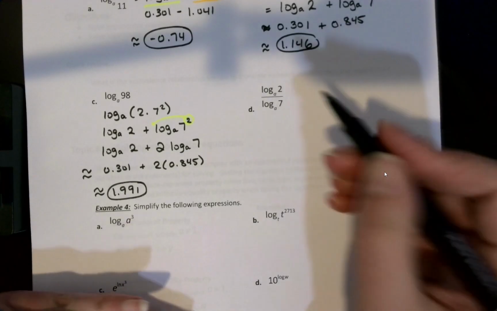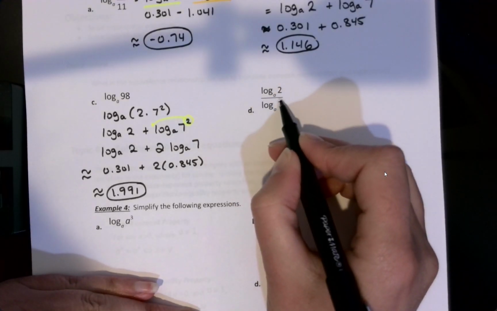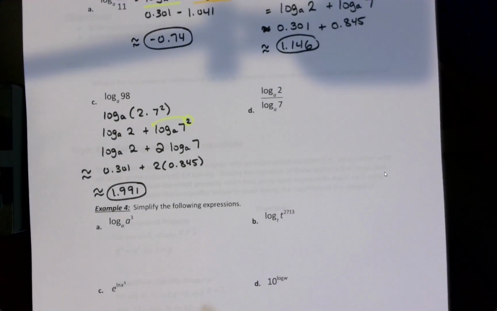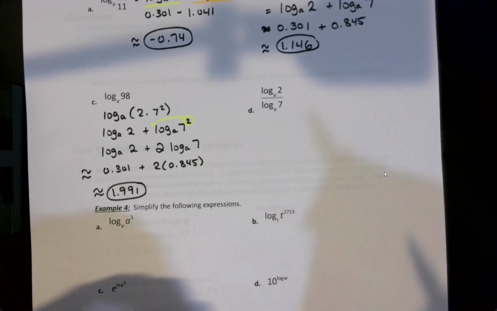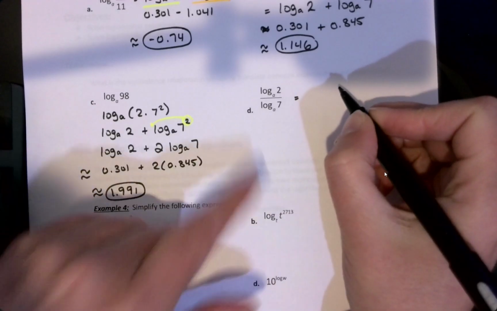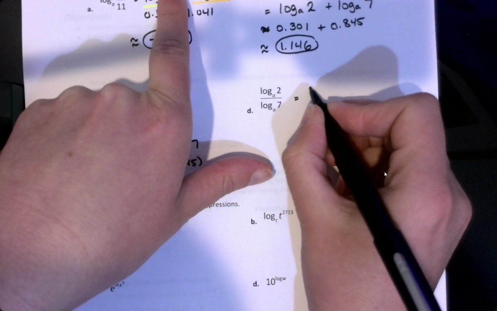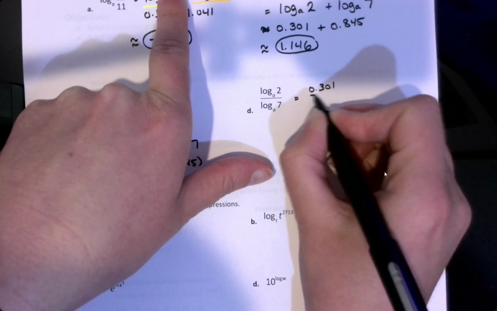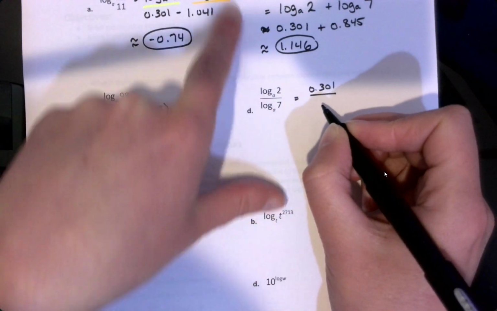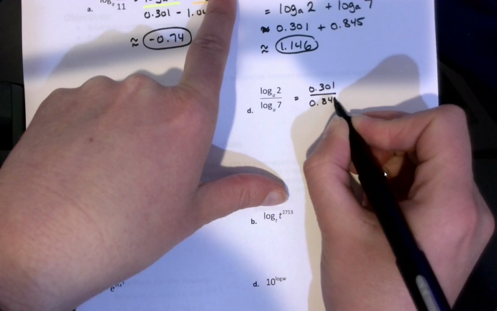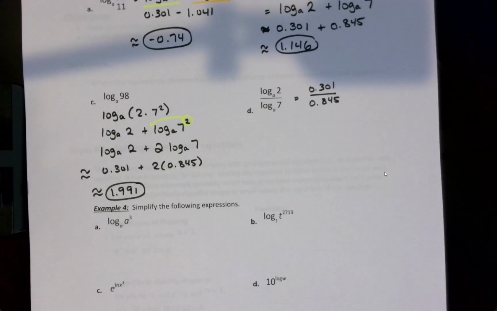In the last one, this is a quotient. However, I do not know a property that's going to separate these back in. Instead, I actually do know what the log base A of 2 is, 0.301. And I know that the log base A of 7 is 0.845. I don't need to use any property since I know those logarithmic values separately.